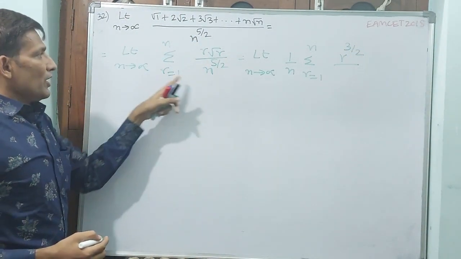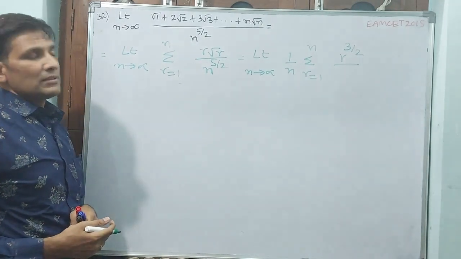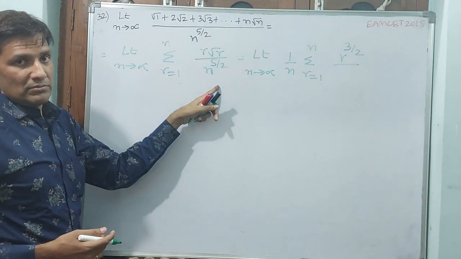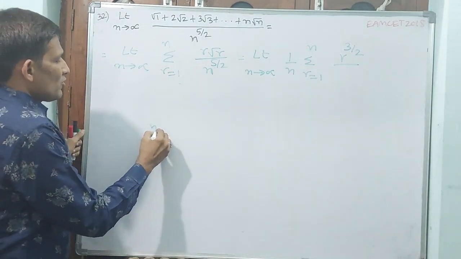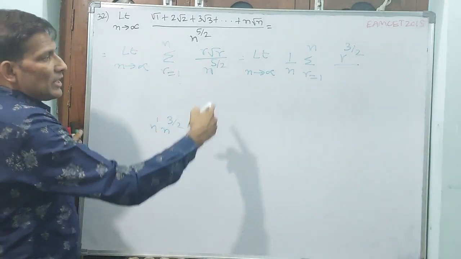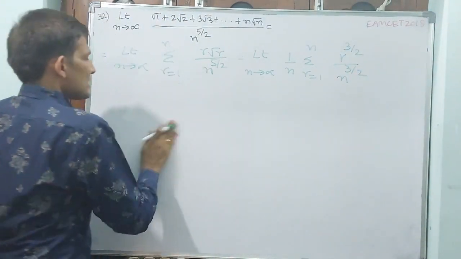N has gone already outside. Then n to the power of 1 into n to the power of 3 by 2 gives 5 by 2, that means n power 3 by 2 only will come. Understand?